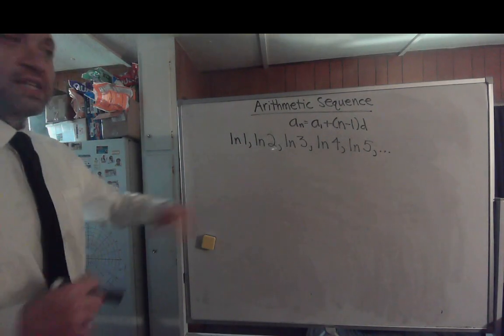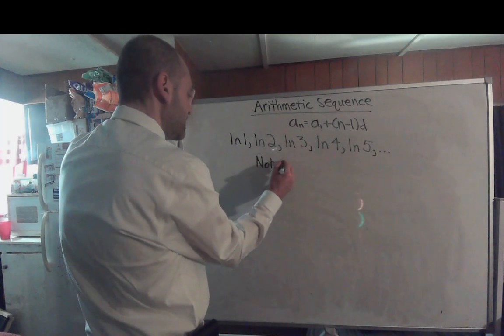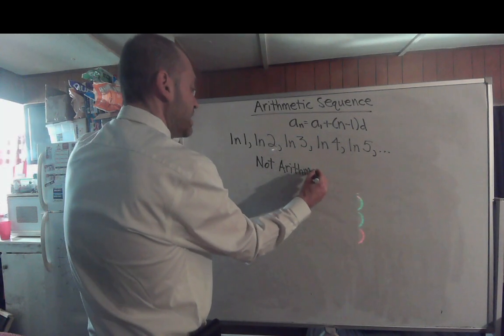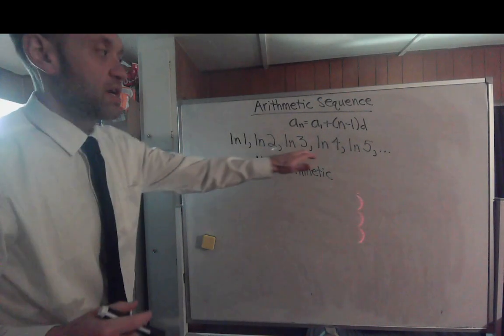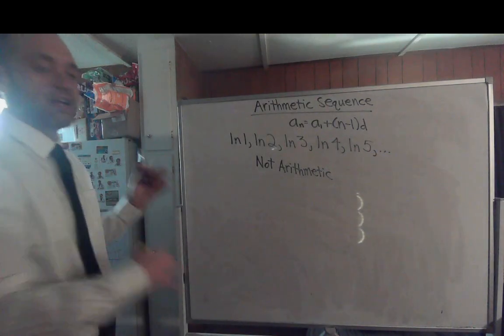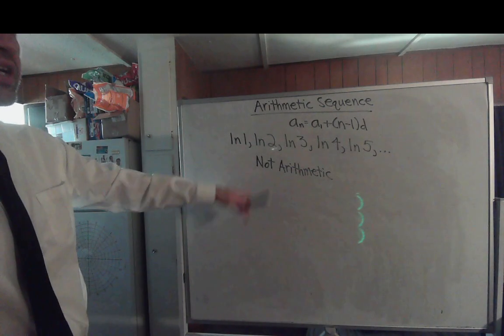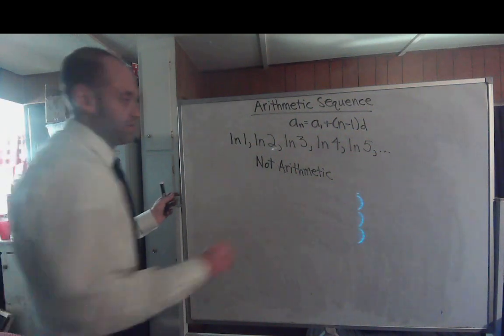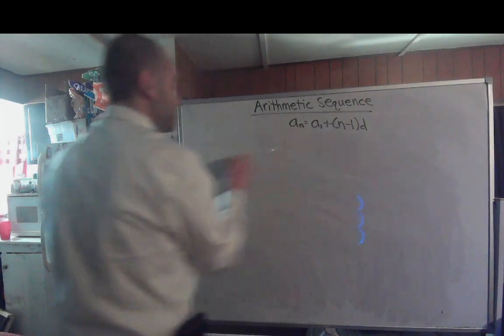This is definitely a sequence, but it's not arithmetic. In order for it to be arithmetic, it has to have a common difference, and there is no common difference between each term. If you put these into the calculator, you're going to get different decimal approximations that are way off from each other. So this doesn't have a prayer of being arithmetic.